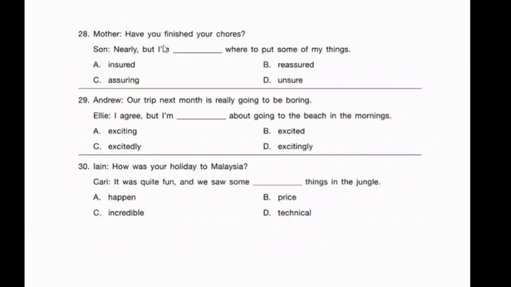Next, mother, have you finished your course? Son: Nearly, but I'm dash where to put some of my things. It means he's almost done with his work, but he's not sure where to put some of the things, where to arrange them. Option A says insured. No, when it is about placing things, why do we need insurance?